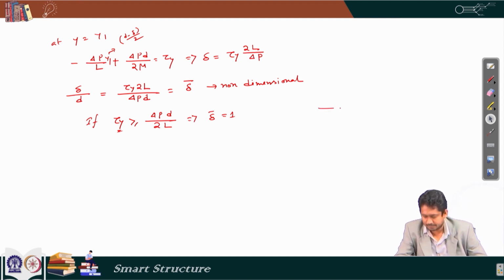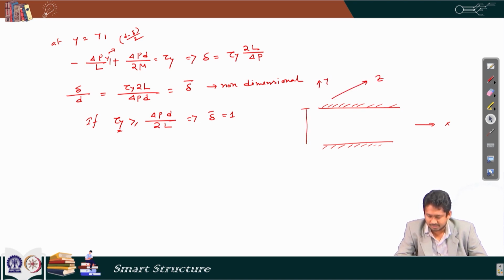Now, again if we write once more, we have these two plates, with axes x, y, z, and this is our d, and we say that the dimension in the z direction is b.